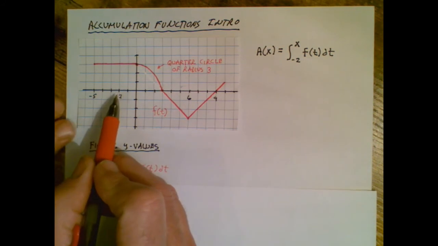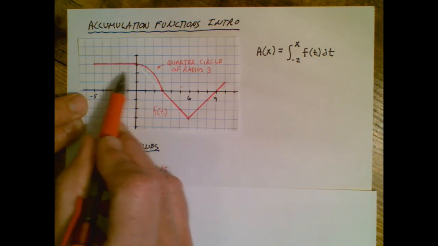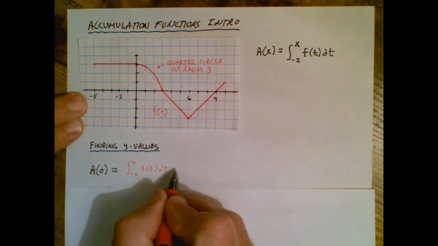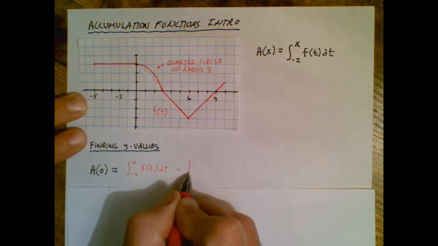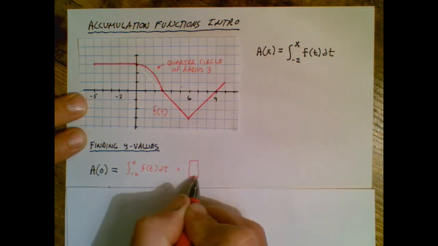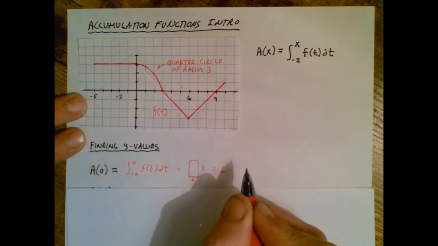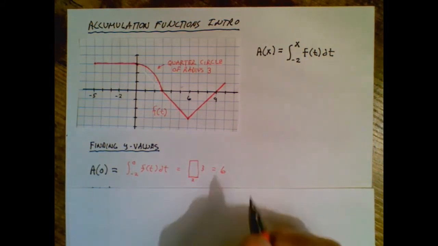So as I travel from -2 to 0, this region right here is the shaded region. So that's really a rectangle that is 2 by 3. So the answer to A of 0 is 6.